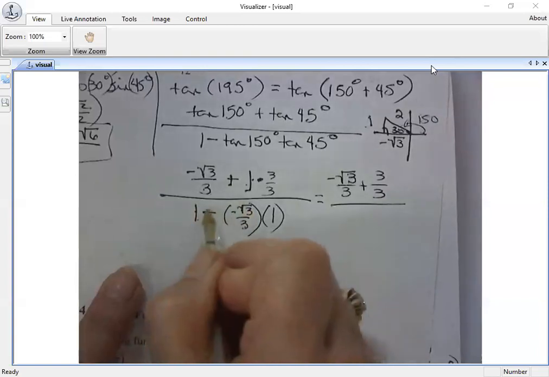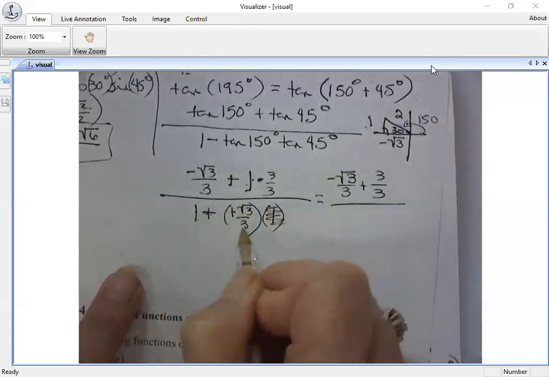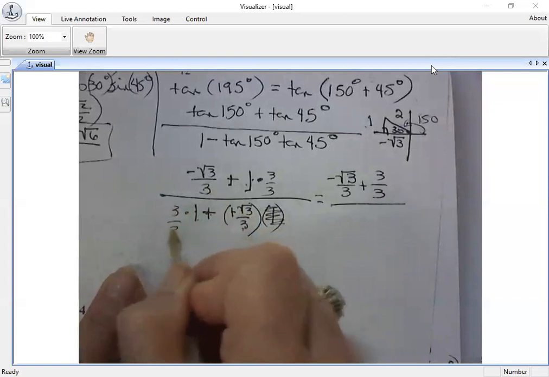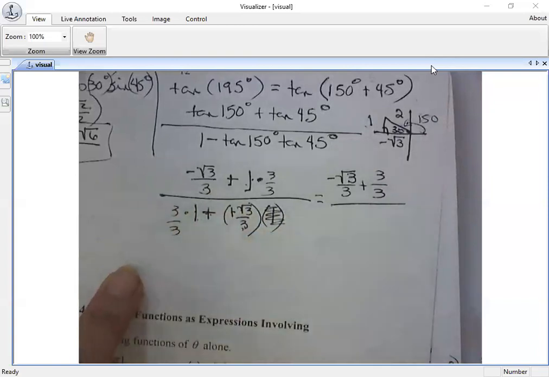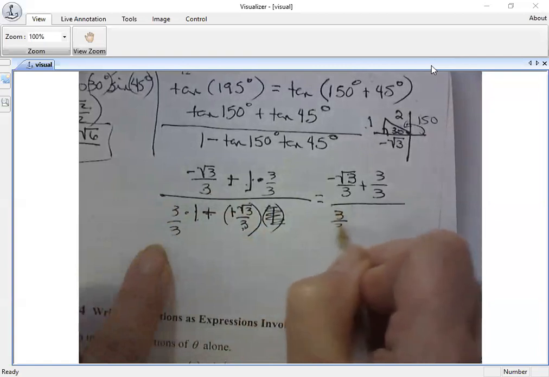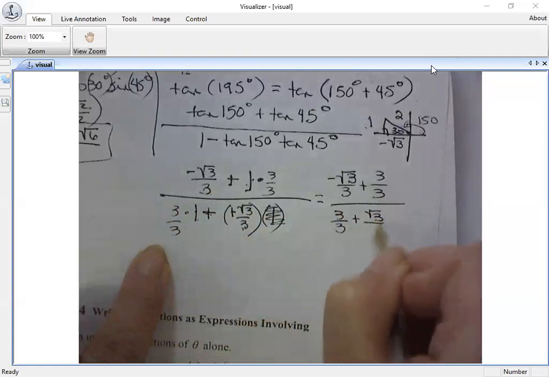Yeah, it turns into a positive, and this times 1 is just this. I've still got the same kind of issue where this has to get multiplied by 3 over 3, right? And that's going to turn the denominator into 3 over 3 plus the square root of 3 over 3.